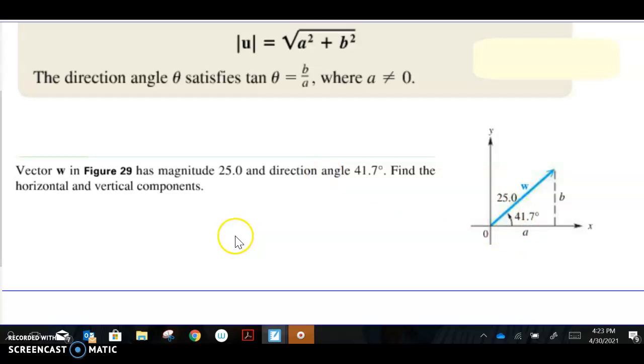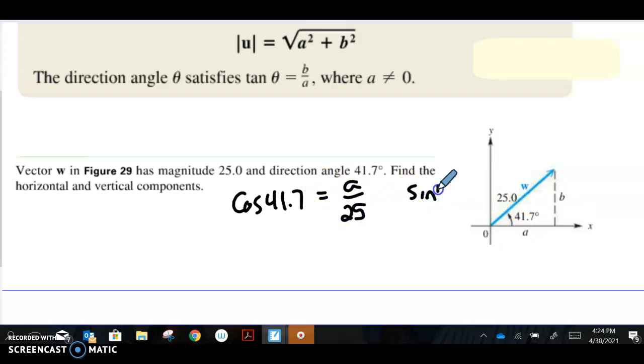We're supposed to find the horizontal and the vertical component. Let's think about it. How am I going to find a and b if I know all this? How would I find a? Isn't the cosine of 41.7 equal to adjacent over hypotenuse?